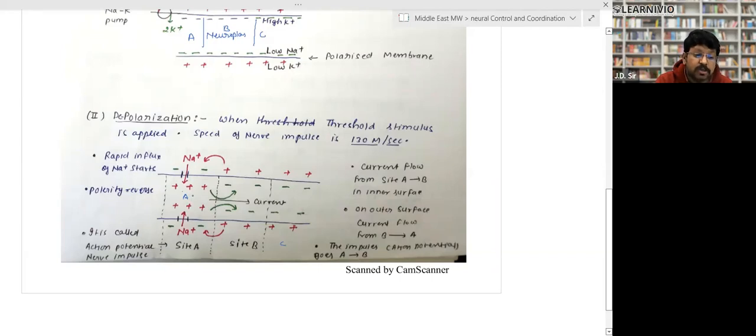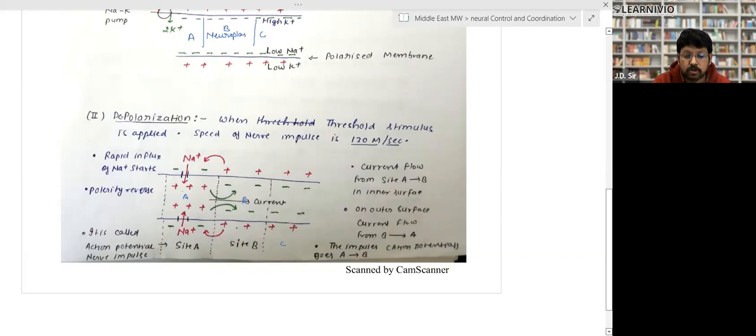Now what will happen? This positive charge will start going from side A to side B inside the membrane, and outside the membrane the charges will move from side B to side A, right? So the current starts flowing from A to B on the inner surface. On the outer surface, current starts flowing from B to A. It is also called the action potential of nerve impulse.